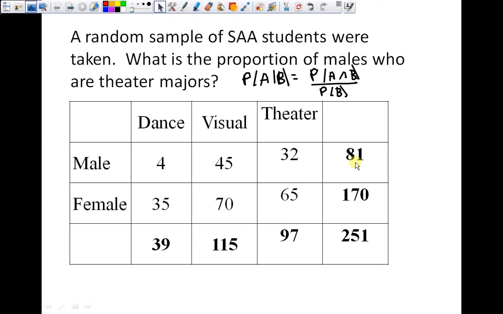So let me show this. We have the probability of A and B, which is males and theater majors, which is 32 out of 251. Put that here.